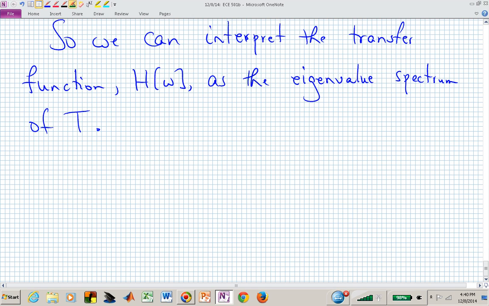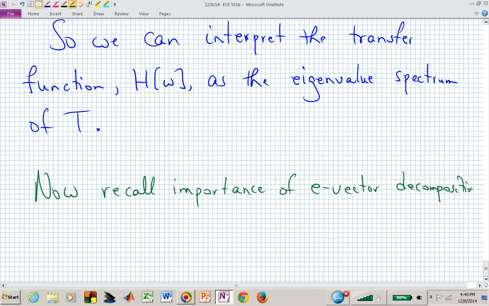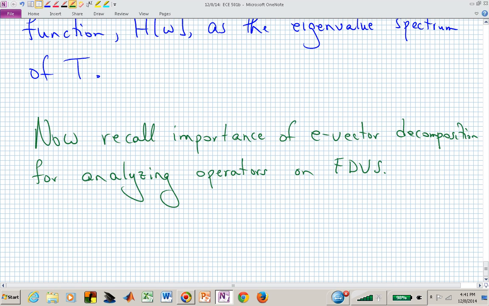Now let's recall the importance of eigenvector decomposition for analyzing operators on finite dimensional vector spaces.